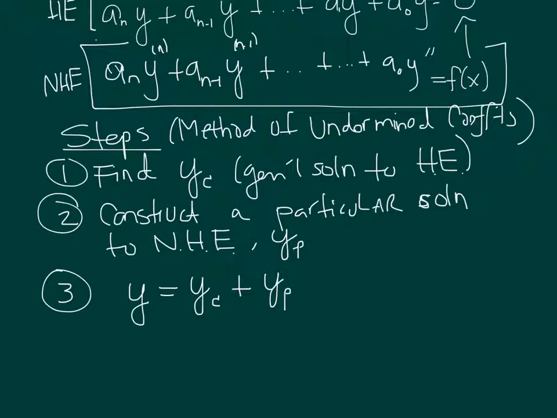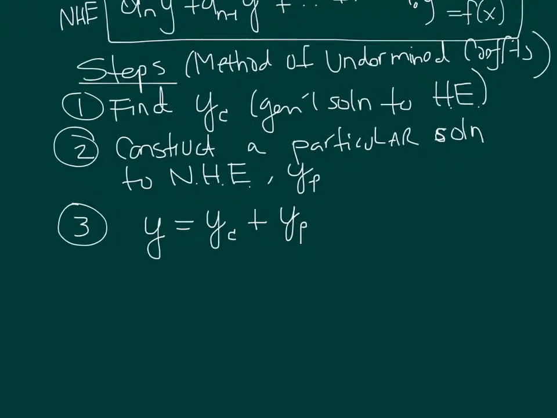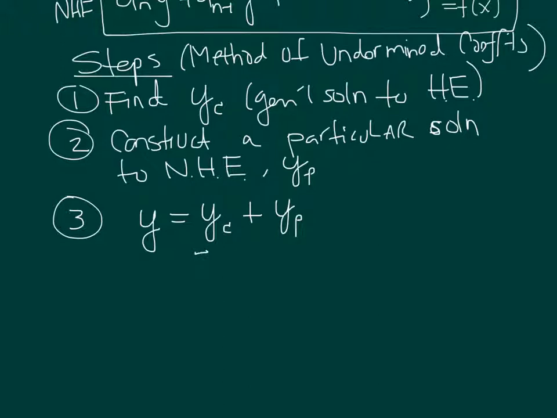Again, this is my non-homogeneous equation that I'm abbreviating. I did want to write this: y sub c represents the general solution of the homogeneous equation. This guy is nice because this is really section 2.3; we use the characteristic or auxiliary equation to find that.